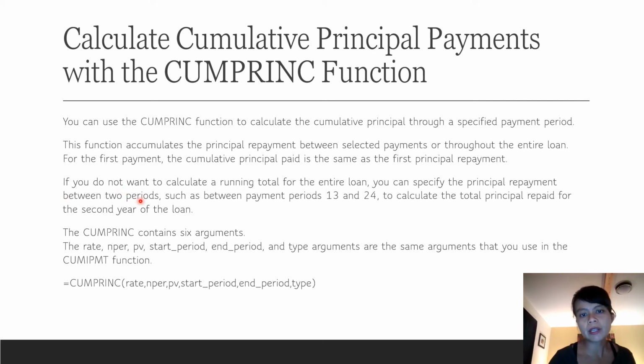If you don't want to calculate a running total for the entire loan, you can specify the principal payment between 2 periods, like period 13 and 24, to calculate the total principal paid for the second year. So if you're just interested in the second year, you can adjust the payment periods to 13-24. It contains 6 arguments: rate, NPER, PV, start period, end period, and type. They're the same as in the CUMIPMT function.